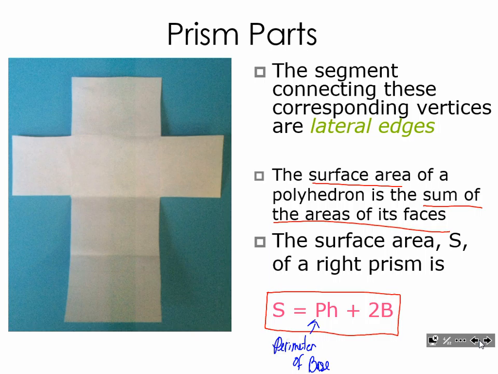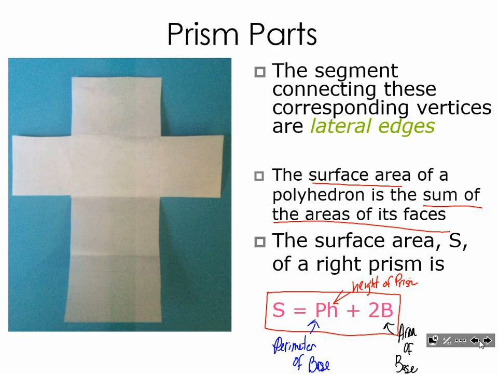P is the perimeter of the base, H is the height of the prism. And then we have B. Our capital B is always the area of the base. That's why knowing that shape, identifying that part, is important to get all the other calculations correct.